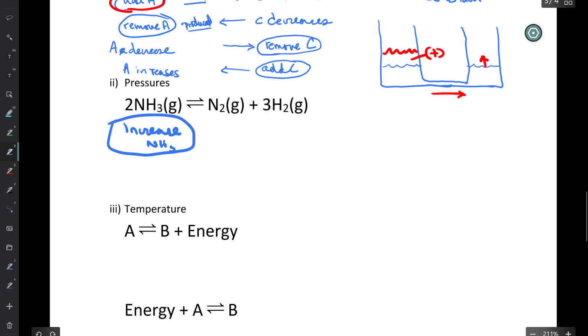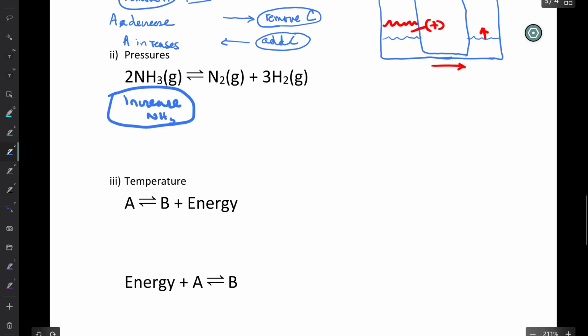Again, that's what I'm changing. Then which way do you think the reaction will go? And then I'm going to do another one where I decrease NH2 or H2. So decrease H2.